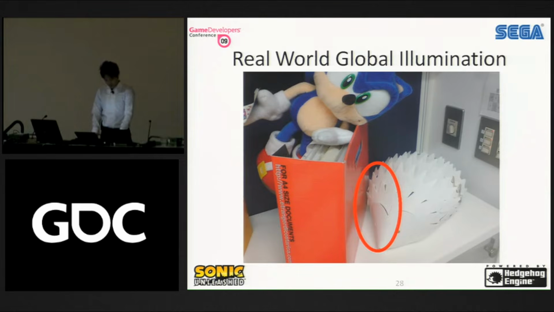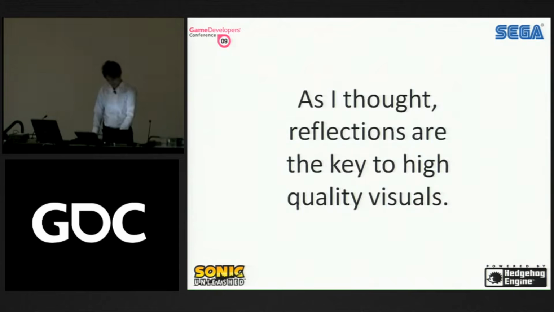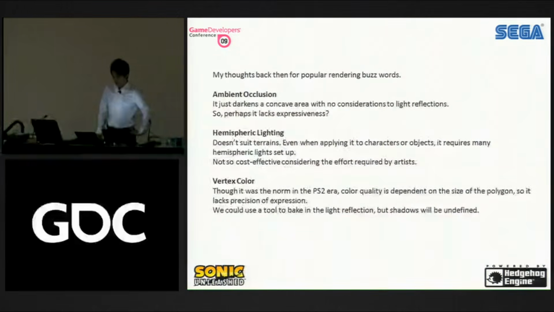The light from the red box hits the side of the white mouse. And in between, there is a darker place. I see. As I thought, reflections are the key to high-quality visuals.